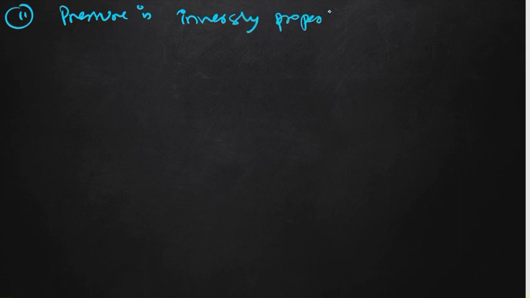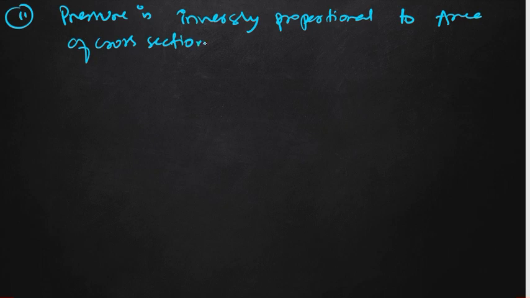Similarly, our second point is pressure is inversely proportional to area of cross section. Okay, so what does this mean? This means that less the cross section area, more the pressure.